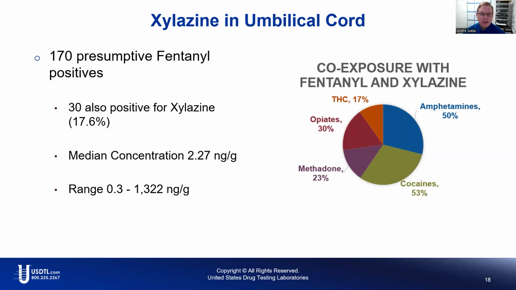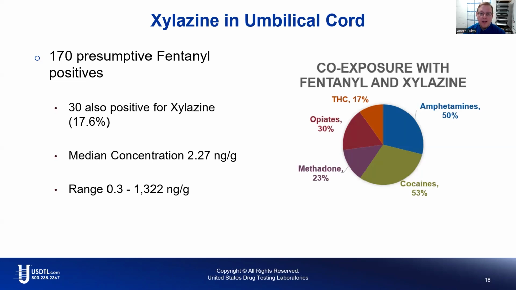We found a median concentration of 2.27 nanograms per gram, and we had a range of 0.3 to 1,322 nanograms per gram. Interestingly, with this, we found a lot of co-exposure as we expected. Remember, these are all fentanyl and xylazine positives, and they also have these other compounds.